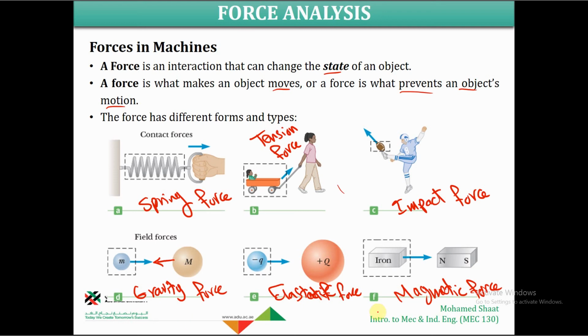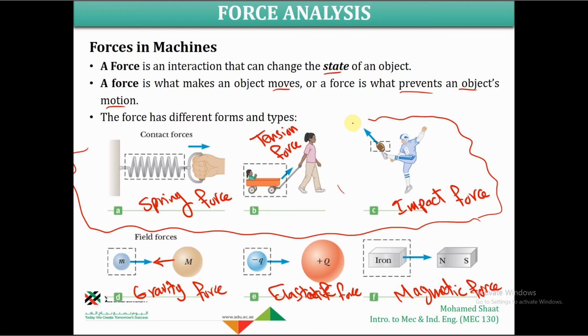So these forces are used a lot in the physics class, but in the mechanical application, especially the mechanical design, and this is our main concern, definitely these are some of the commonly used mechanical types or forms of forces that you should consider when you do design for any mechanical component.